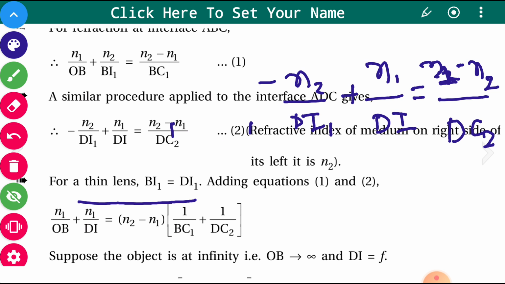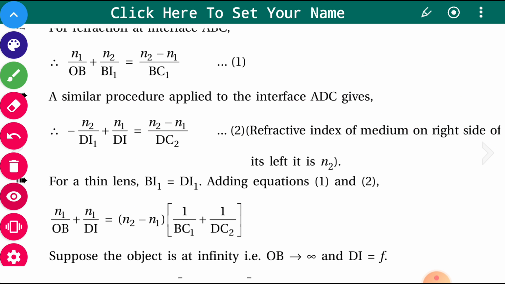So you can see that equation here, minus n2 upon dI1 plus n1 upon dI is equal to n1 minus n2. I have changed it, because the rays are going from the denser to rarer. If they are going from rarer to denser, then it is n2 minus n1.